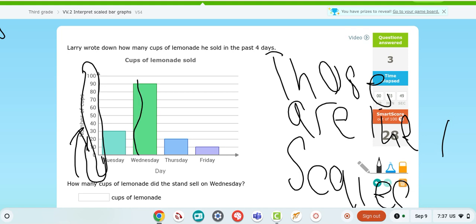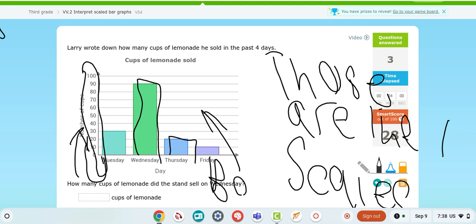And those are the bars. So the bars is where the data actually goes to and what the scale indicates for that bar.